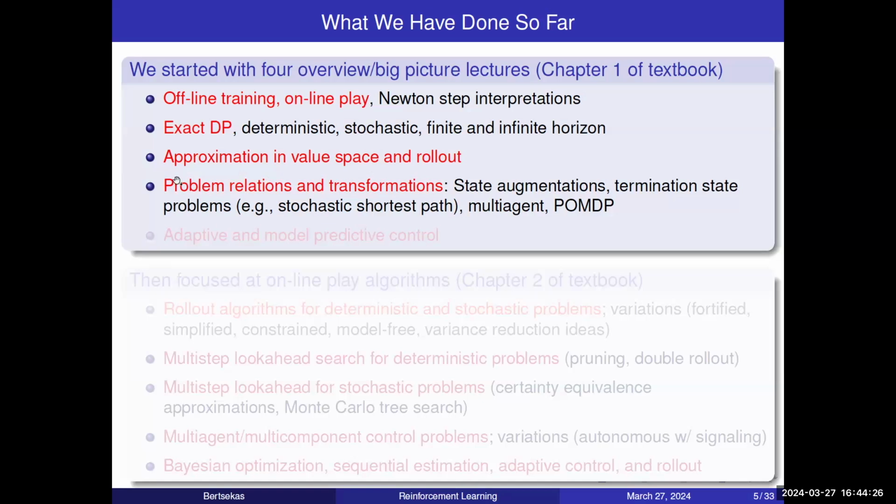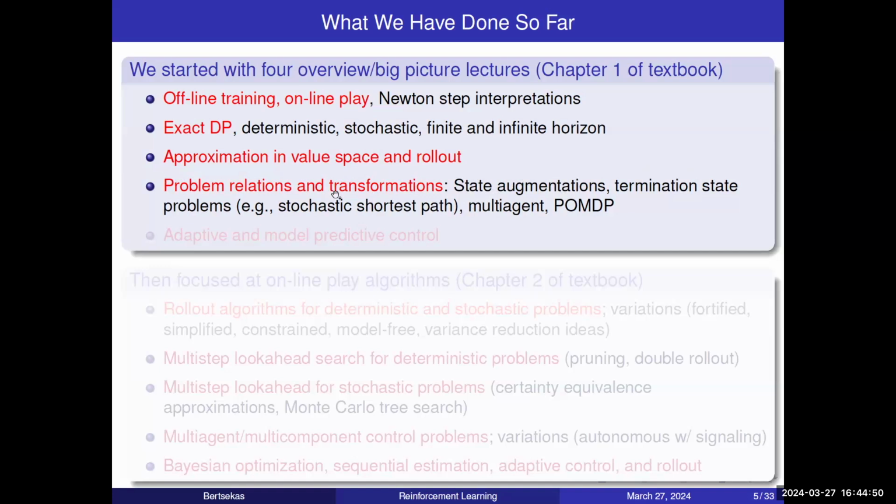So we talked about problem formulation and transformation, how, given a practical problem, you can formulate it as a dynamic programming problem with sequential structure that you can address using the tools you learned from this course. This includes state augmentation and terminal state problem.